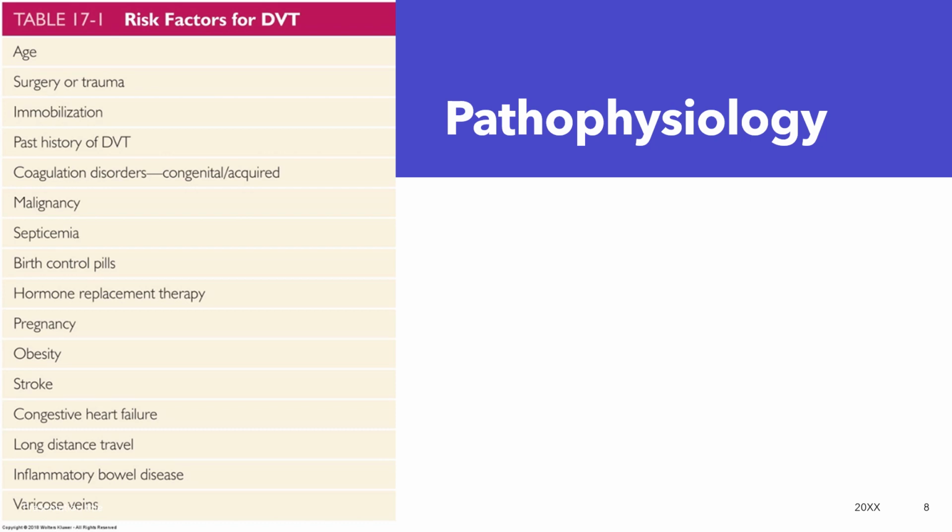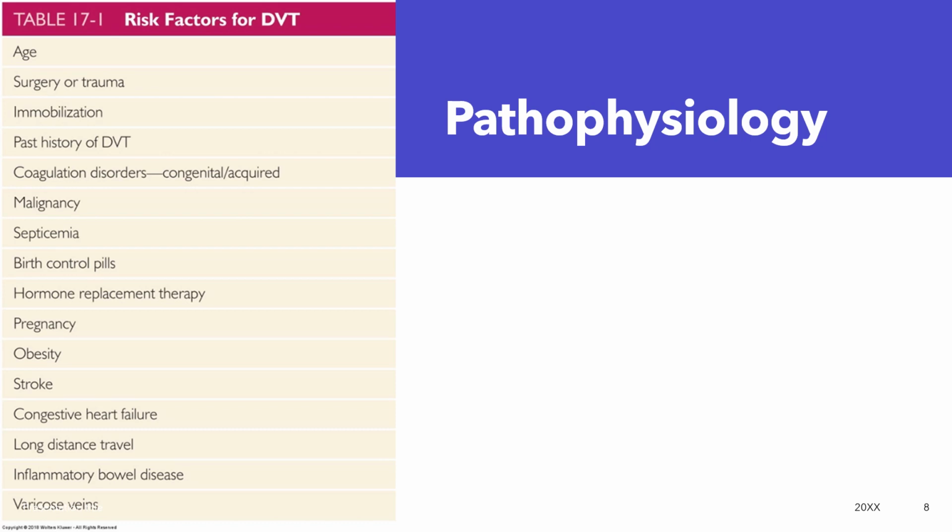Congestive heart failure prevents the movement of that venous blood flow into the heart. That would cause stasis. Long distance travel would cause stasis. Inflammatory bowel disease can affect our proteins in different levels, and that can lead to hypercoagulability, and then varicose veins would lead to stasis.